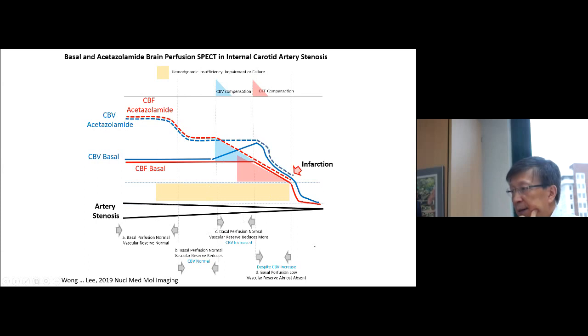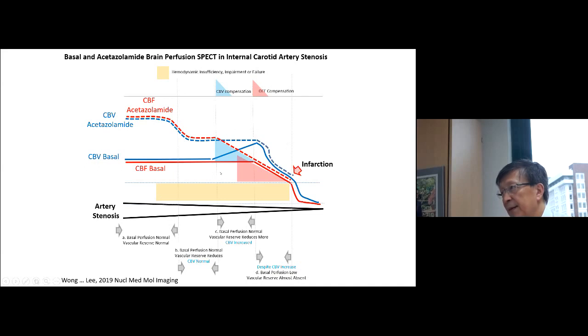So I have the modified version here. At first, cerebral blood volume tries to compensate for the reduction of vascular reserve, and then despite the volume increase, finally basal perfusion and reserve are permanently, irreversibly impaired. That is the event of infarction.